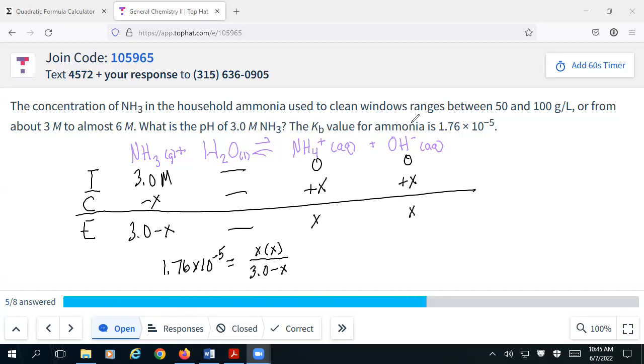If your first instinct out of sheer reflex for this problem wasn't to draw an ICE table, that's something you're going to have to train yourself to do. You can always write an ICE table and realize I'm not going to need this. But if we're talking about equilibrium calculations of some kind, ICE tables are at the heart of well over 80% of them.